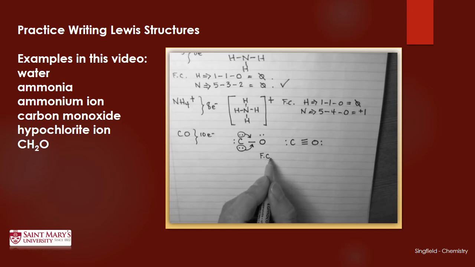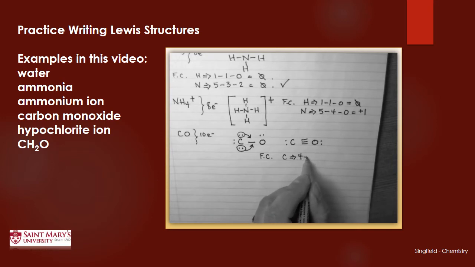To do the formal charges, let's look at carbon. Carbon has 4 valence minus half of the bonding, and I have 6 bonding electrons, or if you like, 3 bond pairs. So half of those bonding electrons is 3, minus all of the non-bonding electrons. So 4 minus 5, that's a minus 1.